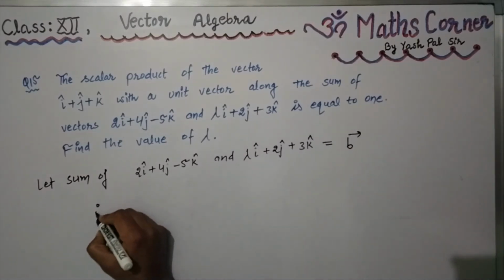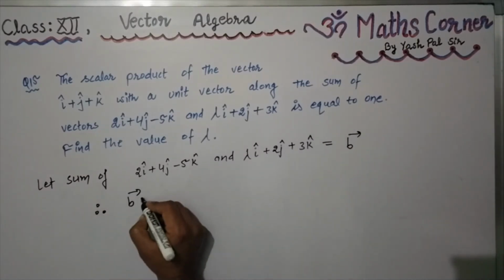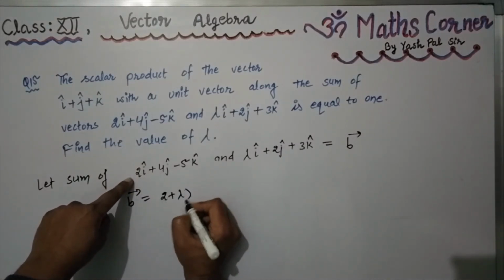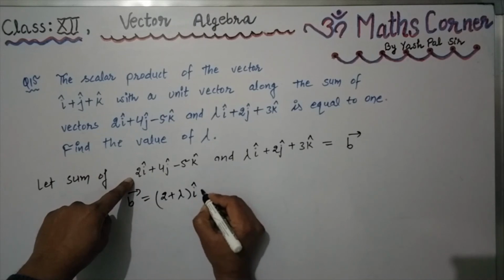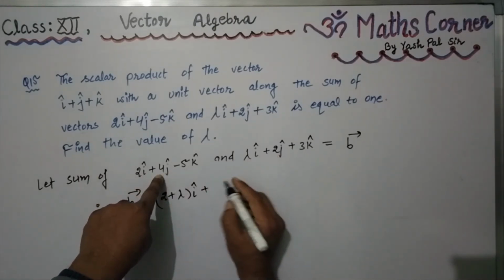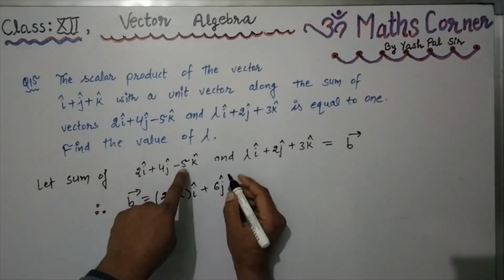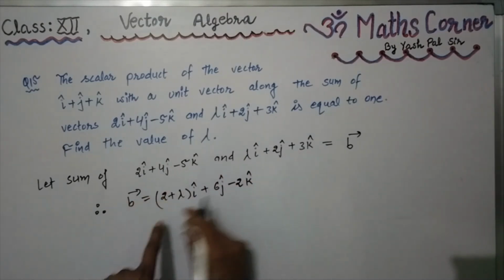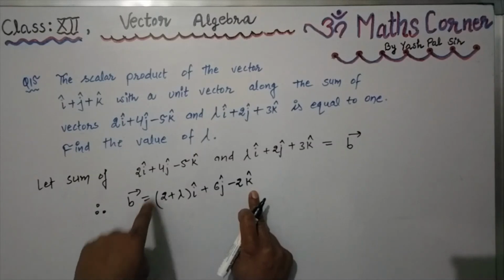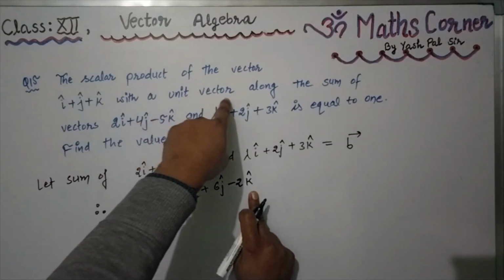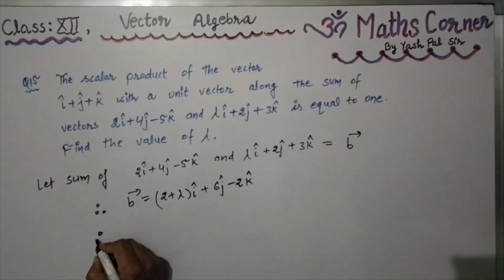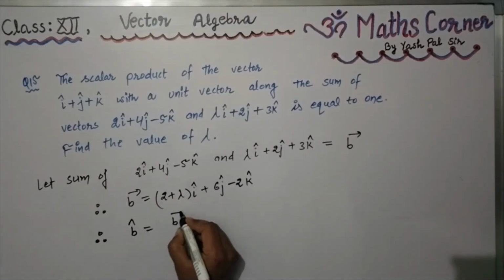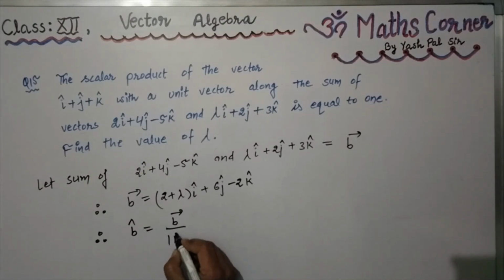Suppose this is vector B. So vector B is equal to (2 plus lambda) into i plus (4 plus 2) 6j minus (5 minus 3) 2k. So this is the value of vector B.